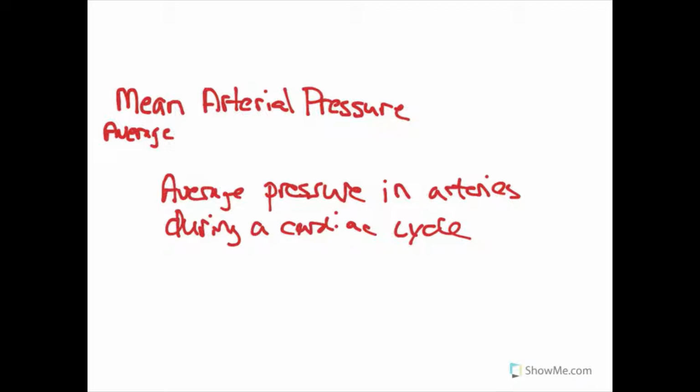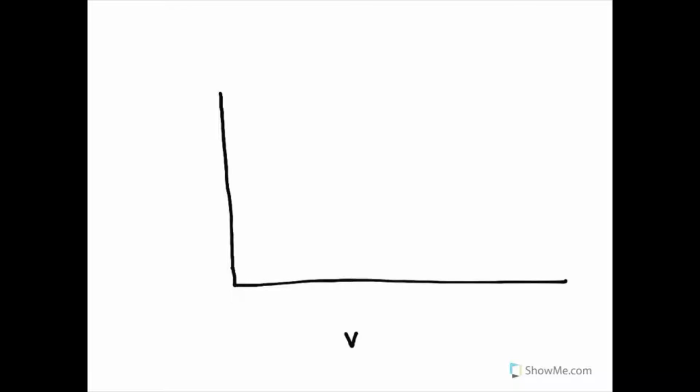So let's take a look at it. What I want to do is graph the changes in pressure over various types of vessels that we have, with pressures measured in millimeters of mercury.